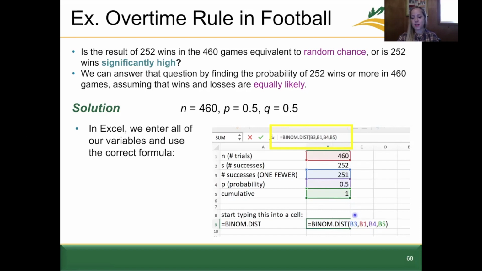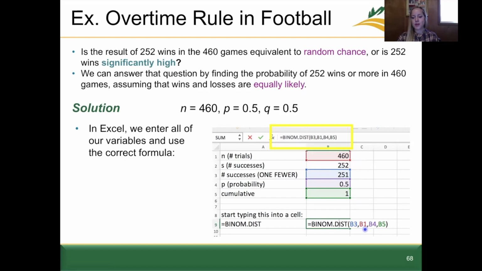So in this formula in Excel, the first value here needs to be the number of successes. In our case, the number of successes is 251 or less, right? The next number here, separated by a comma, is N, the number of trials, that's 460. You can also just type in 460 here into your formula, but I typed it up here.